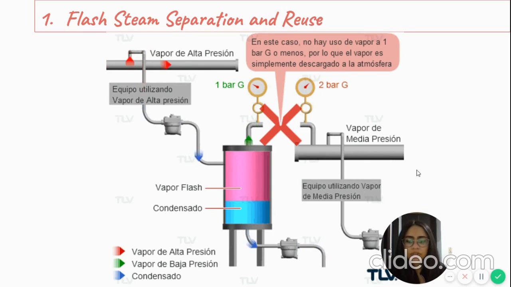In a flash steam process at one bar, the steam can be discharged to the atmosphere instead of being reused because the pressure is simply not high enough to meet the process conditions. Since the minimum pressure is 2 bar, the steam can be reused.